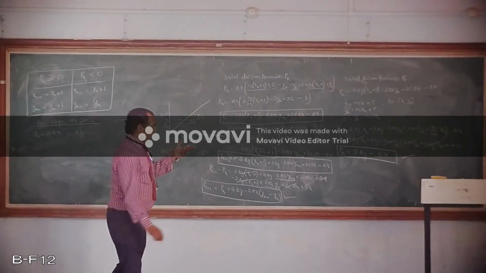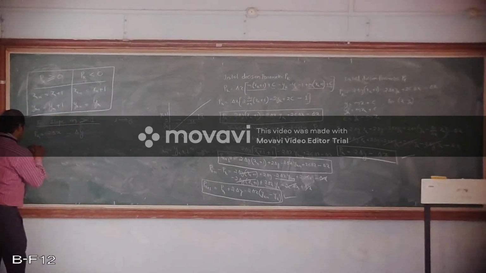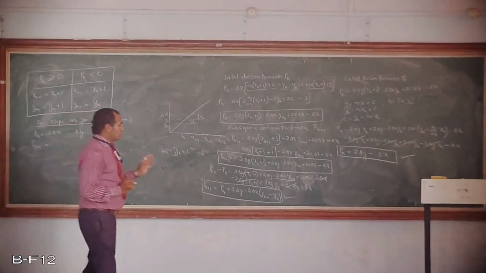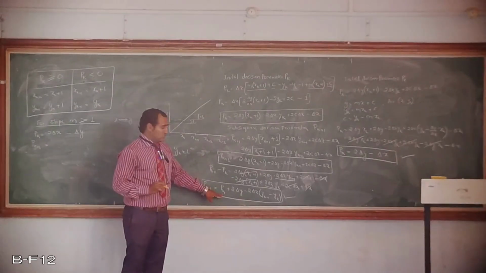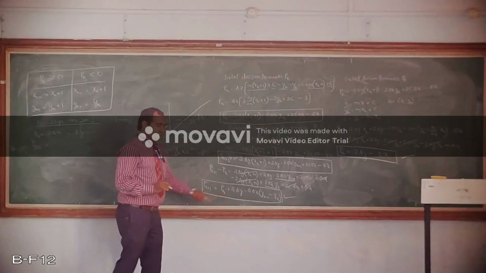Just interchange the values of x and y. You can call it the subsequent decision parameter pk plus 1. Here in this equation, you substitute x as y and y as x.